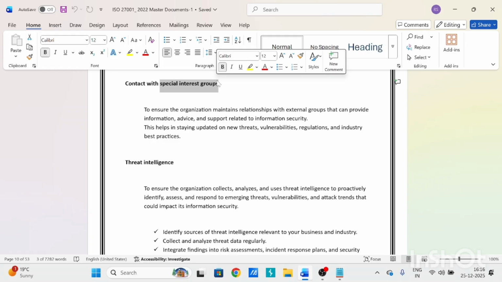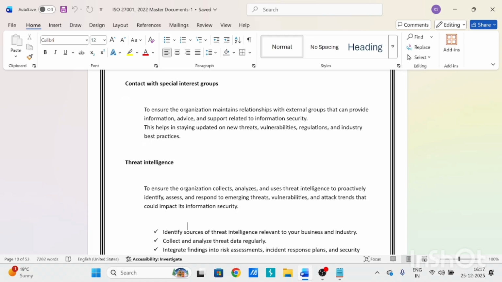Threat intelligence helps the organization collect, analyze, and use threat intelligence to proactively identify, assess, and respond to emerging threats, vulnerabilities, and attack trends that could impact its information security.